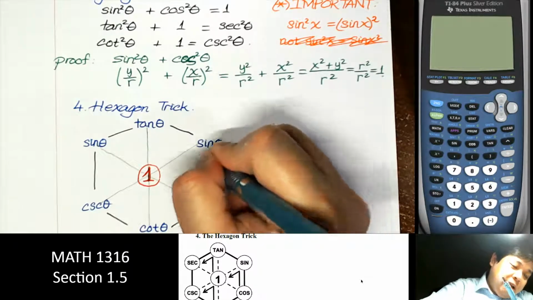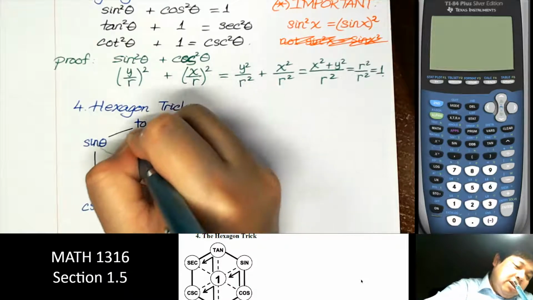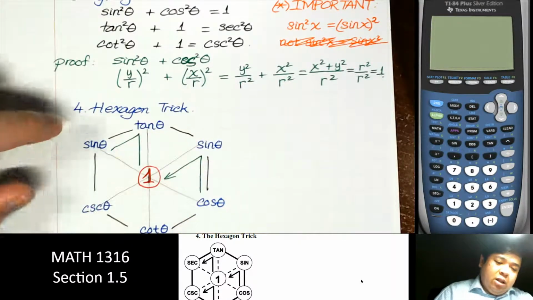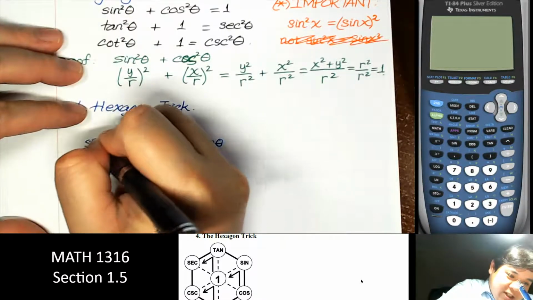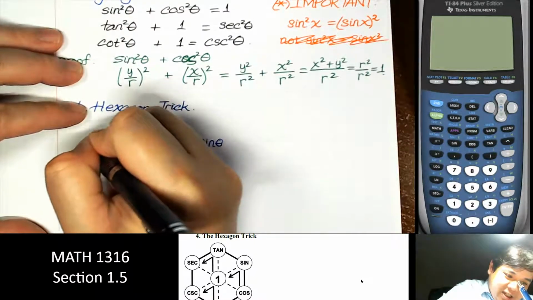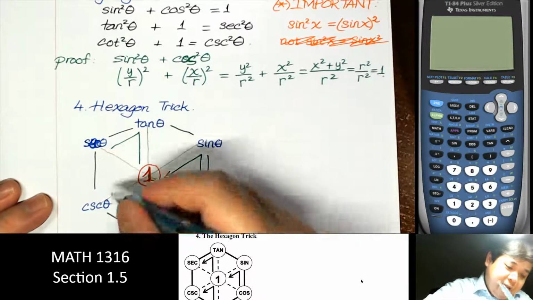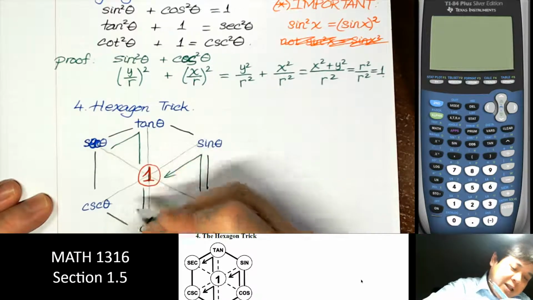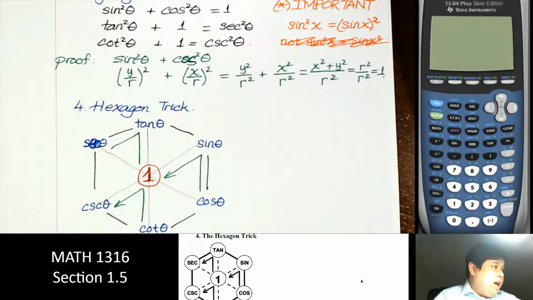Go up and down to the left, up, down to the right. This should be secant. Sorry. And go up and down to the left. So this is the hexagon trick.